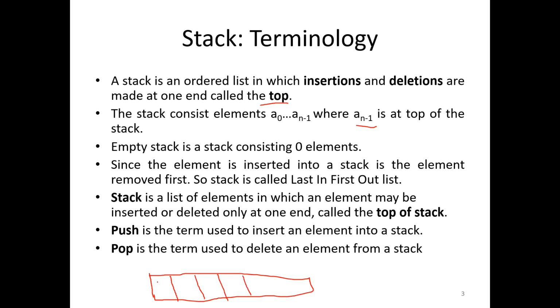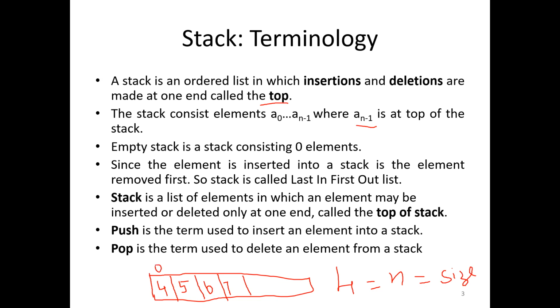Right now, we'll assume four elements in the array. Elements are 4, 5, 6, 7. As you can see, there are four elements in the stack. So this is n. The size of the stack is 4. This is also called stack size. That is not the maximum size, but the current size of the stack. There are four elements, so n is 4.